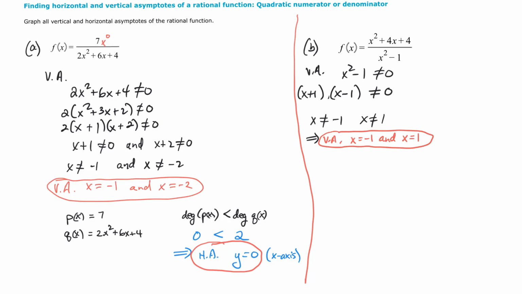We need to find the horizontal asymptote. This time we're going to analyze the degree as well. The degree of the polynomial in the numerator is 2. Can you guys see that?